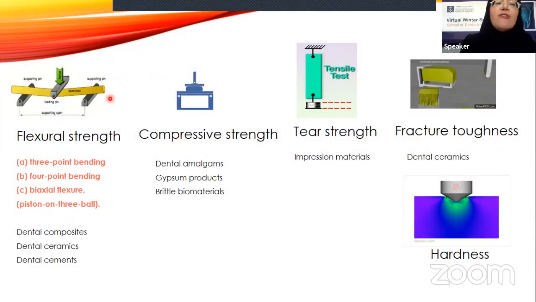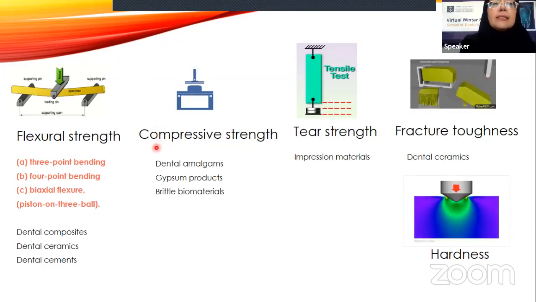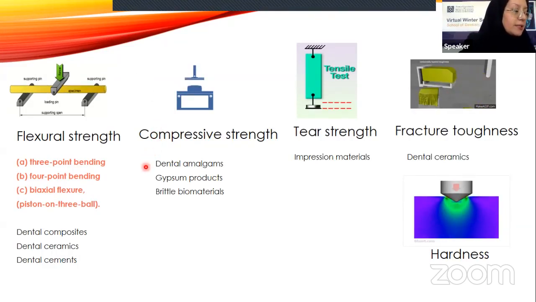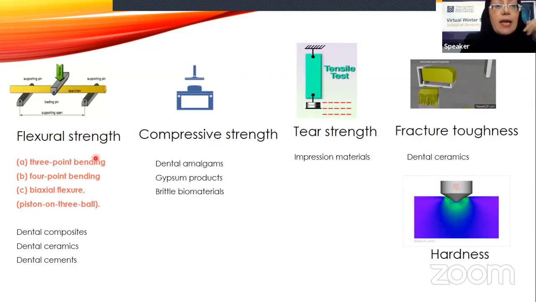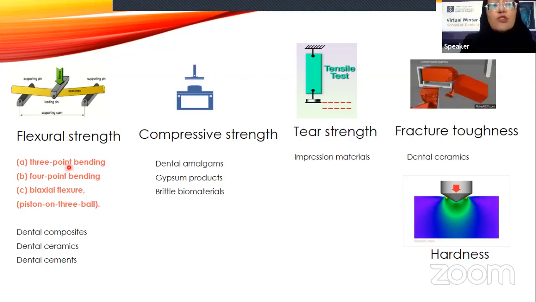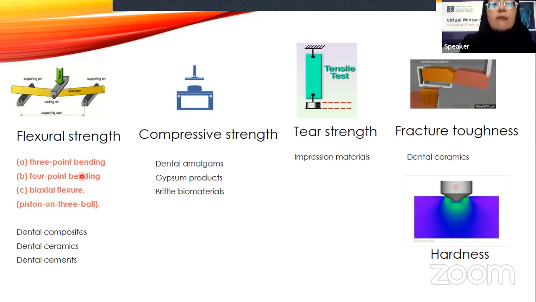We have different mechanical test methods for measuring dental materials' mechanical properties. For the flexural strength test, we have three different kinds: 3-point bending, 4-point bending, and biaxial flexural strength, which are suitable test methods for evaluation of mechanical properties of dental composites, dental ceramics, and also dental cements.